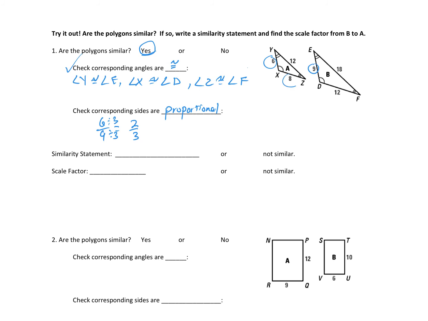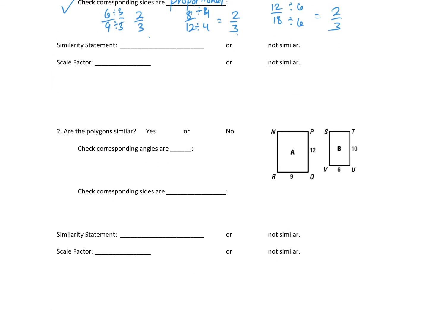Okay, let's do 8 over 12, I divided by 4, this gives me 2/3. And 12 over 18, divide by 6 gives me 2/3. They are all proportional. Yes, all the sides are proportional and all the angles are congruent.